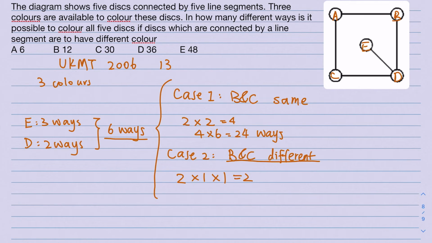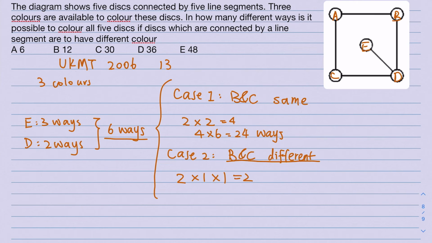So there are 2 ways to color B. And since we don't want B and C to be the same, there's only 1 other way to color C, because C is also connected to D. There's only 1 way, and also only 1 way to color A.